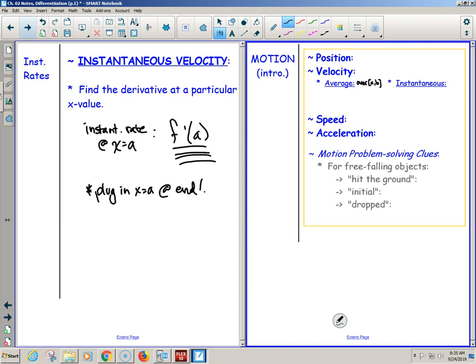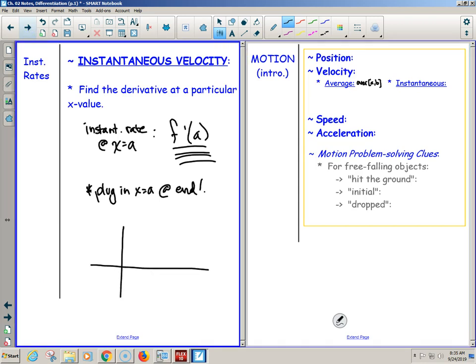Well, instantaneous rate, if we have some sort of curve again of our position, for instance, we call that S of t. And if I have some sort of A, for instantaneous rate, says take that A, go to that point, and draw a tangent line. Hey, quick reminder, we already have a forever card for that, but how do we do an equation of a tangent line, guys?